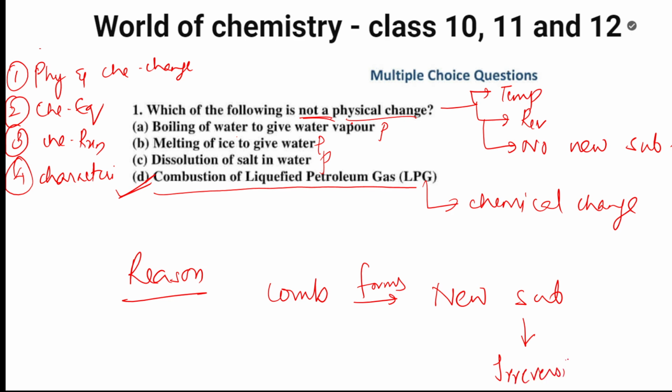LPG, liquid petroleum gas, converts and gives us energy. The flame your mom cooks food with, can it be converted back to LPG gas? No. So this is a chemical change, and option D is correct.